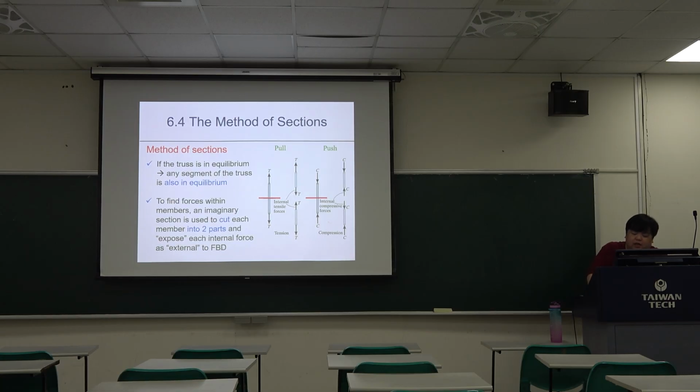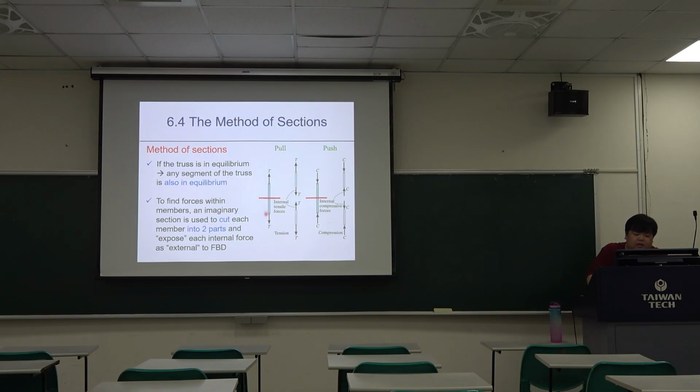If the truss is in equilibrium, the meaning is any segment of the truss is also in equilibrium. To find forces within the members, generally a section is used to cut each member into two parts and expose each internal force as an external force on a free body diagram.